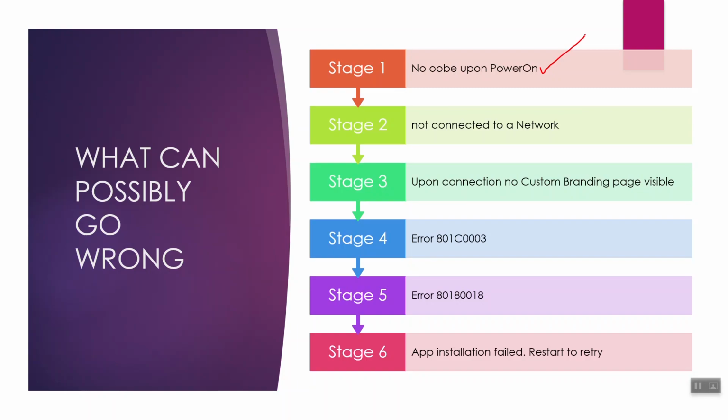If it's either of these use cases, then I would suggest that you take a pause, start from scratch again with a good image, an image that shows you the out-of-the-box experience, or if it's the latter one, then complete the out-of-the-box experience the rest of the way. Whatever screens you are getting, just complete that. Go to the desktop, create a local account, and then reset the OS.